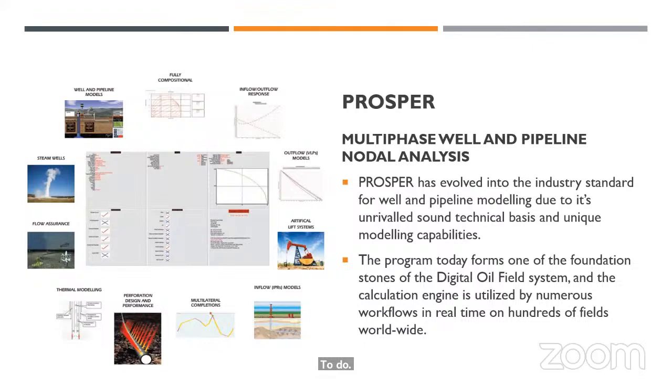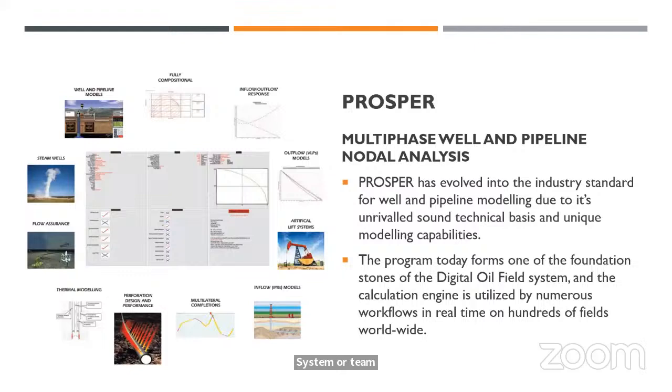Prosper is used for inflow performance relationship, for outflow performance relationship, to do the nodal analysis, to understand the well and pipeline model, to simulate steam wells, whether we have SAGD system or steam assisted gravity drainage system.